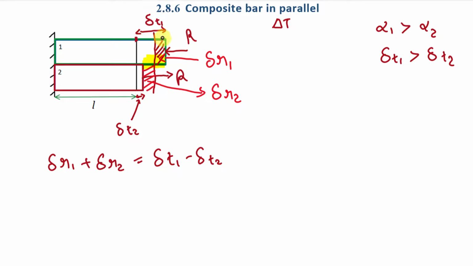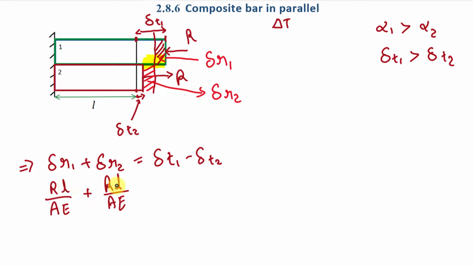Here from this point to this point the distance is delta T1, and from this point to this point the distance is delta T2. So delta T1 minus delta T2 will be this much deformation, that is shown in yellow color. Fine. So we can write this equation. Now we know that delta R1 is RL by AE plus delta R2 is RL by AE.